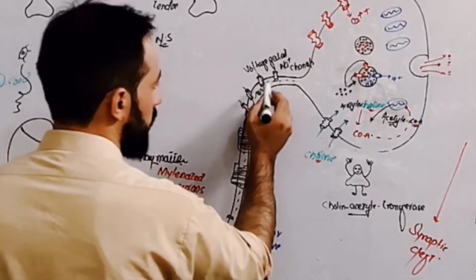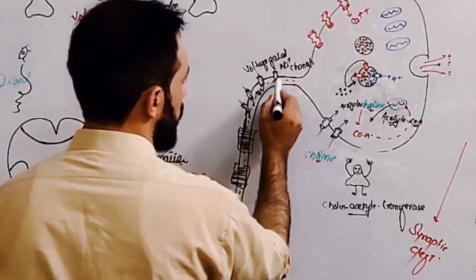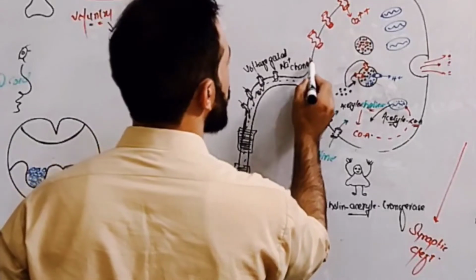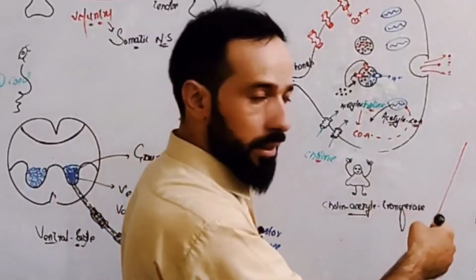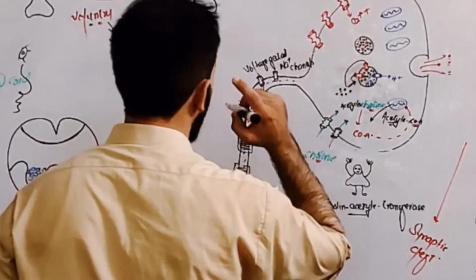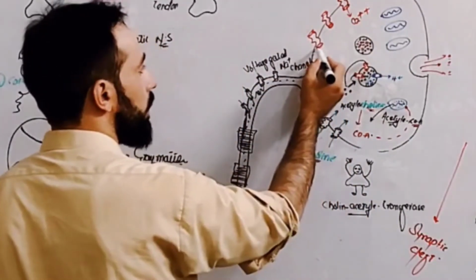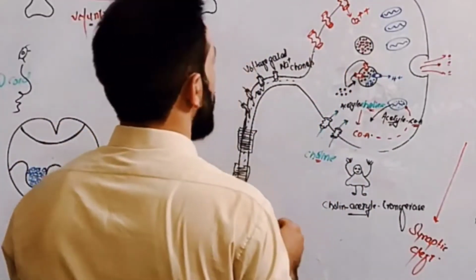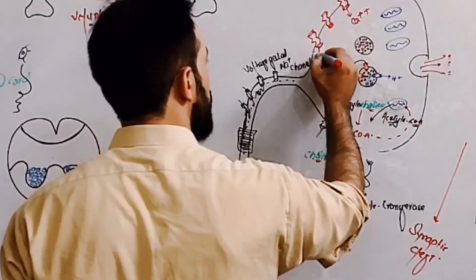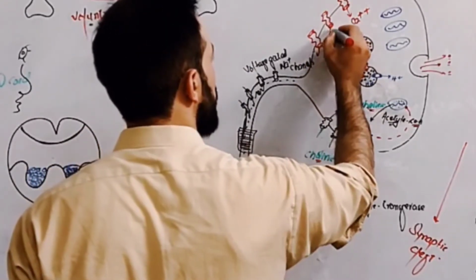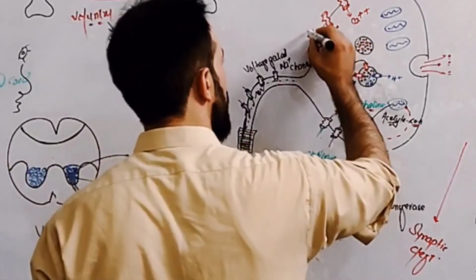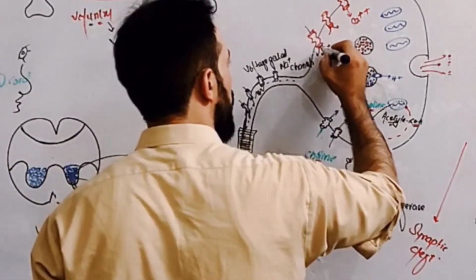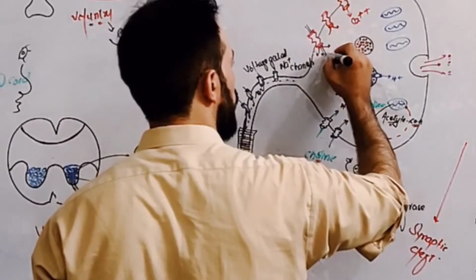When sodium influx occurs, this potential sweeps on the surface of the membrane of this synaptic bulb and they come up to here. So when they bring the potential up to here, suddenly these calcium channels open. Suddenly these calcium channels open, and when calcium channels open, there is huge influx of what?